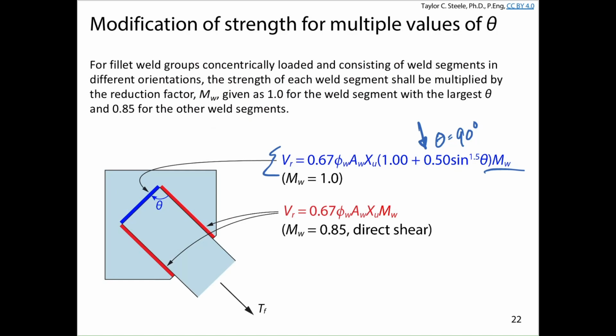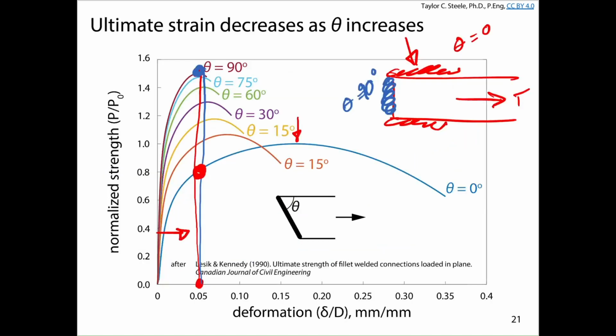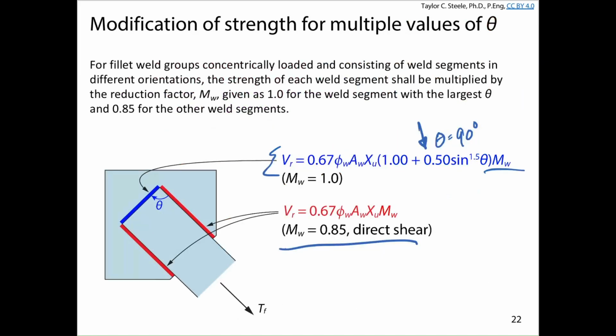And so here we take the full strength of the weld loaded at theta equal to 90. And for all other ones where the angle is closest to 0, we're going to take the 0.67 phi AwXu, which is also multiplied technically by this 1 plus whatever factor, but we know for welds in direct shear that's 1. And in addition to that, we have to reduce the strength by 15% for that weld to account for the fact that the stresses are not going to build up the same way in those welds as they do on the weld that's loaded in tension.